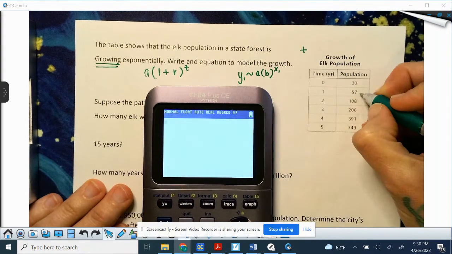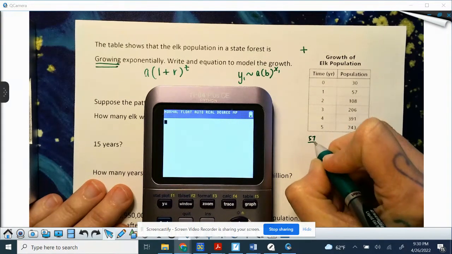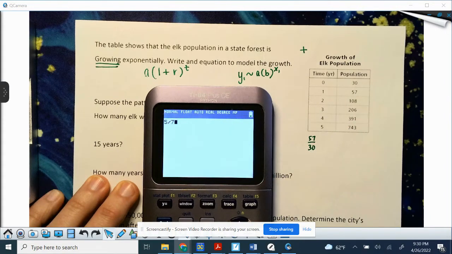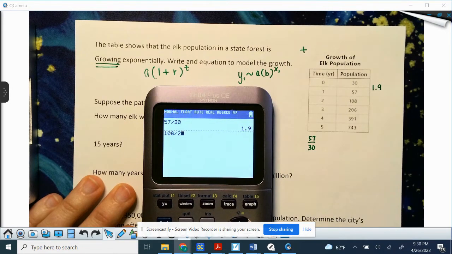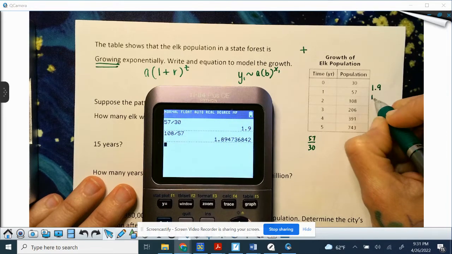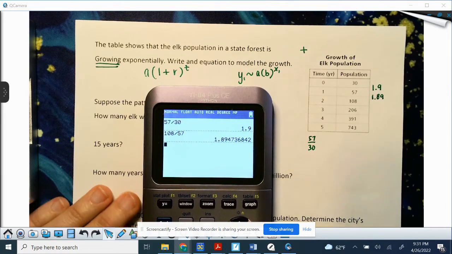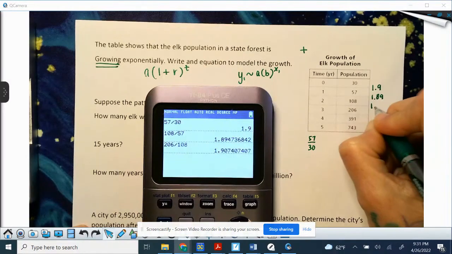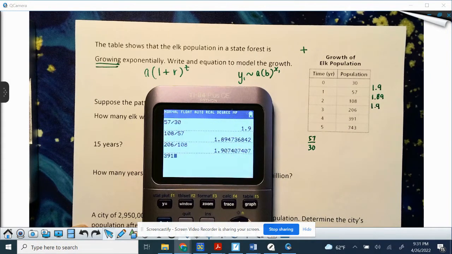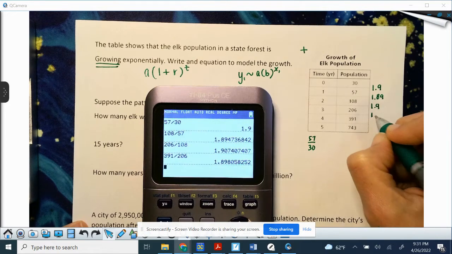Or just to discuss the parts. So 57 divided by 30 gives me 1.9. 108 divided by 57 is 1.89. 206 divided by 108 is 1.9. 391 divided by 206 is 1.89, which is basically 1.9.